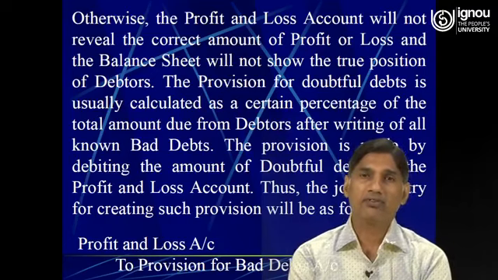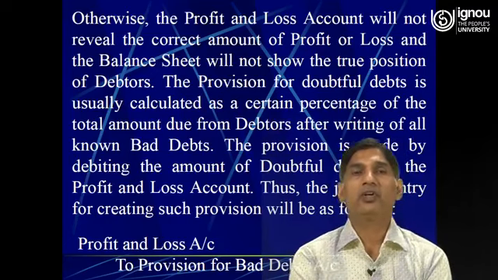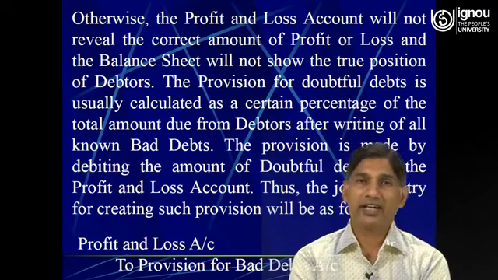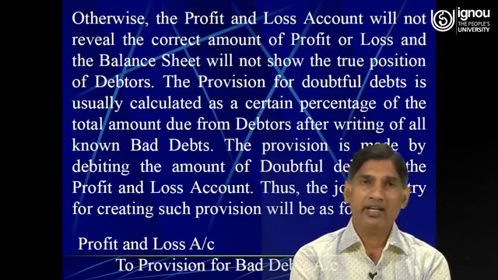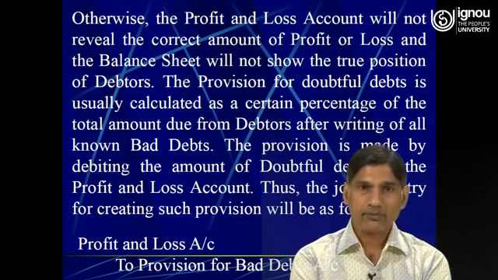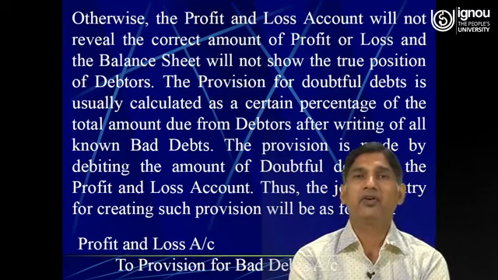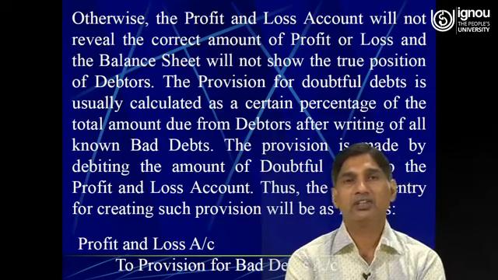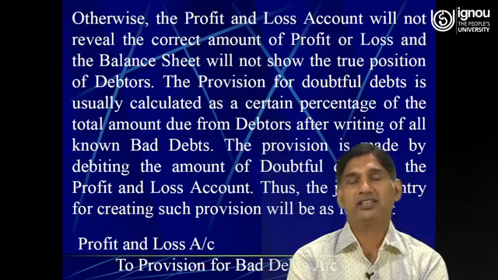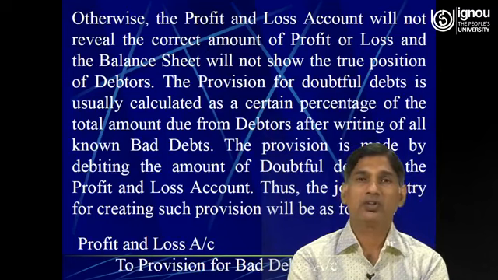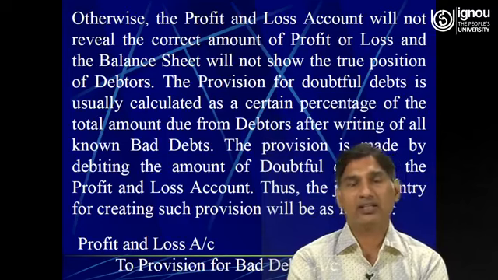Otherwise, the profit and loss account will not reveal the correct amount of profit or loss, and the balance sheet will not show the true position of the debtors. The provision for doubtful debts is usually calculated as a certain percentage of the total amount due from the debtors after writing off all bad debts.